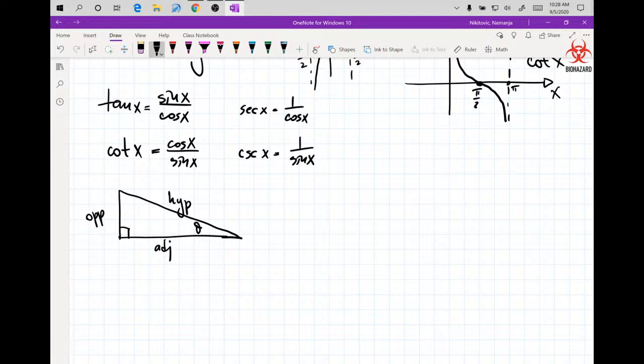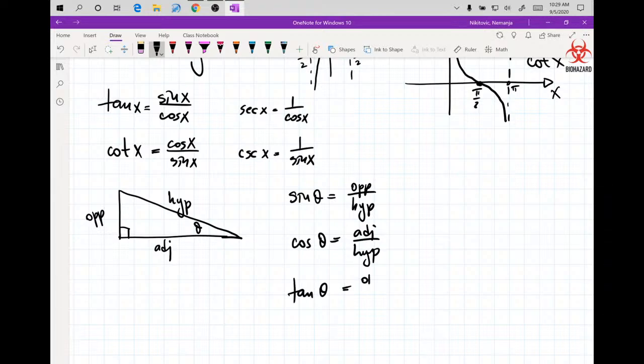So sine theta is opposite over hypotenuse. Cosine theta is adjacent over hypotenuse. And tangent theta is opposite over adjacent.